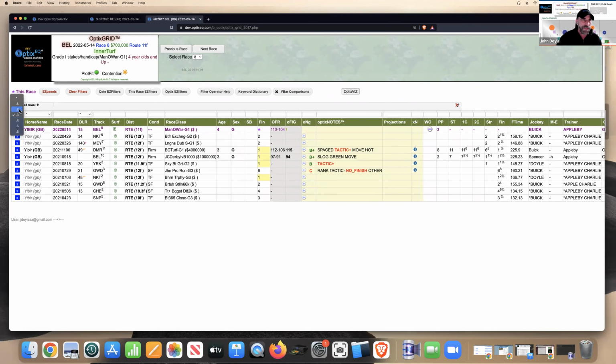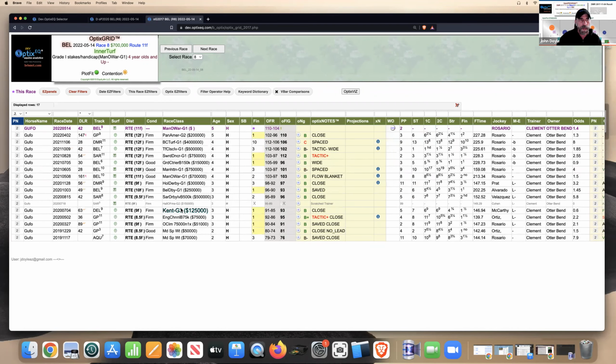Now, the second choice, and this horse is going to get a ton of money too, is Guffo. This horse has shown lots of different dimensions on how he can win a race, and he's won a lot. He's grade 1, another horse that's grade 1 in the US. But just look at his plot.